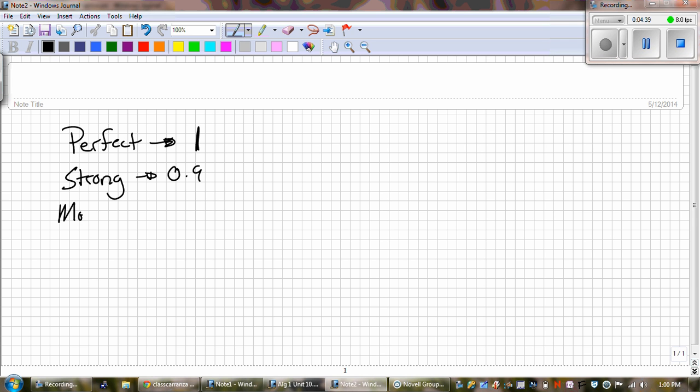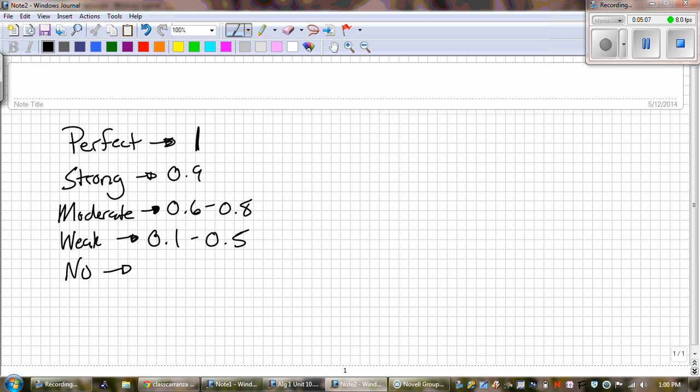If it's moderate correlation, it's going to be 0.6 to 0.8, somewhere in that range. Weak correlation is going to be somewhere between 0.1 and 0.5.